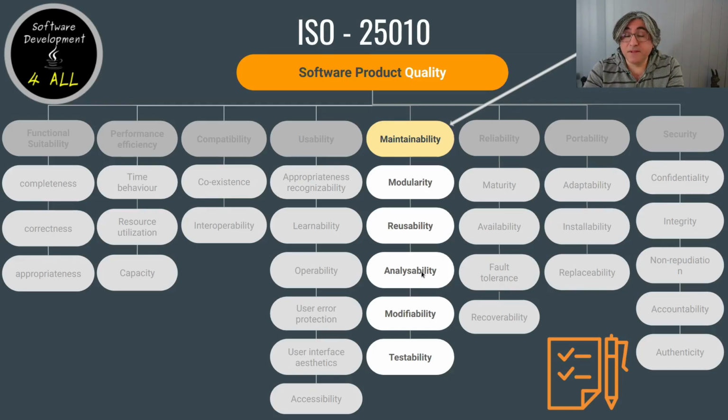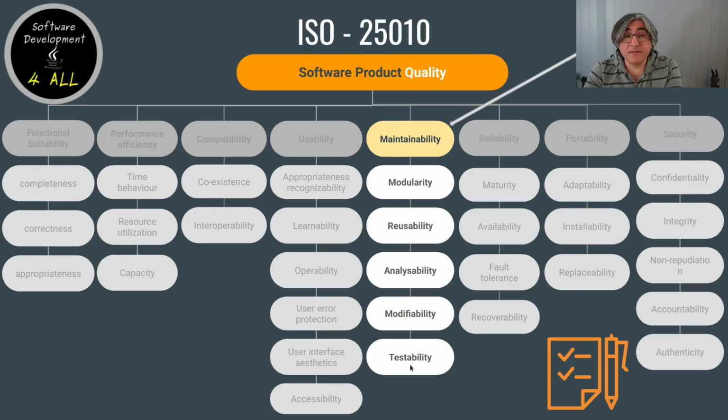That brings us also to modifiability, and modifiability is how easy the code is to modify without introducing new bugs or affecting the rest of the system.